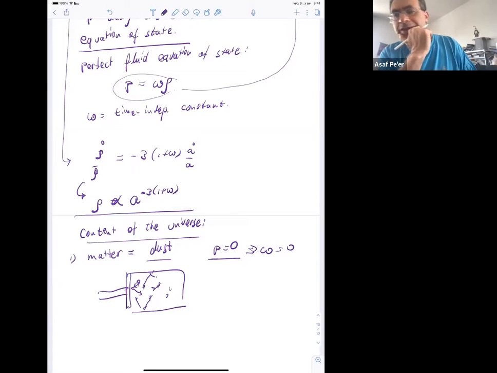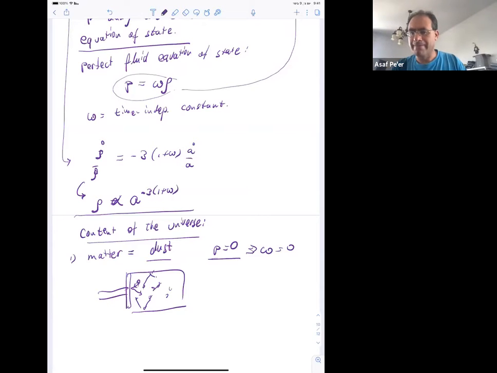Now, if the energy density in the universe as a whole is mainly held by this matter, then how do we call it? Not a very difficult word. Any suggestion?